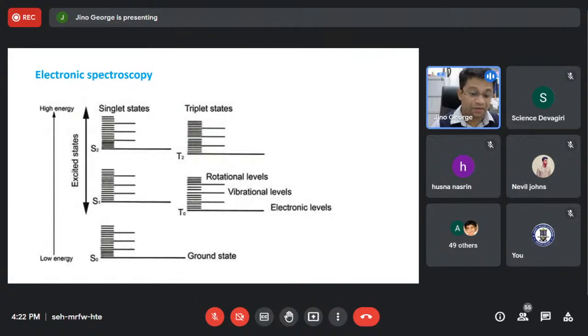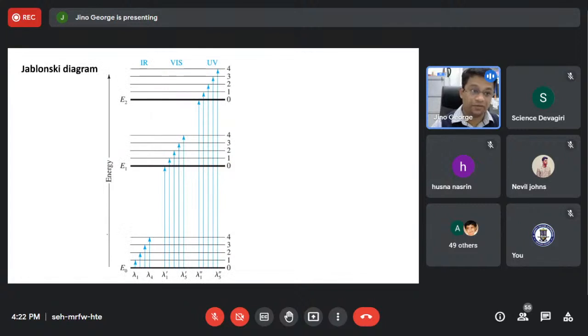I have now covered vibrational states and rotational states, and now I'll quickly give you a glimpse of electronic states. I will quickly go through. This is a small picture of an electronic transition. You see that vibrations are another way of representing this. That's why I'm saying you'll see many of these.